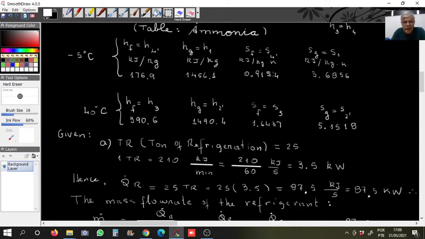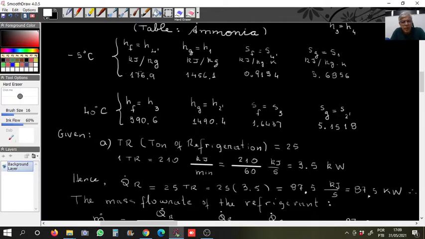This is saturated, all of this. Now F here is the fluid. HF at minus 5 degrees centigrade is H4 prime. The unit is kilojoules per kilogram.